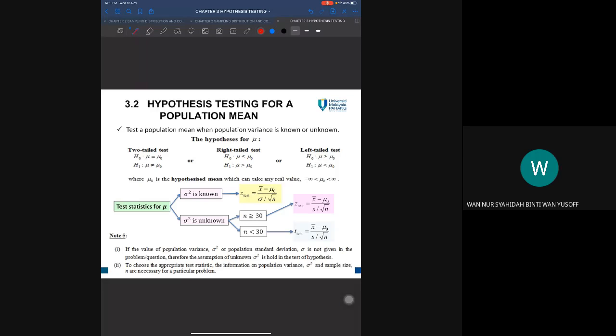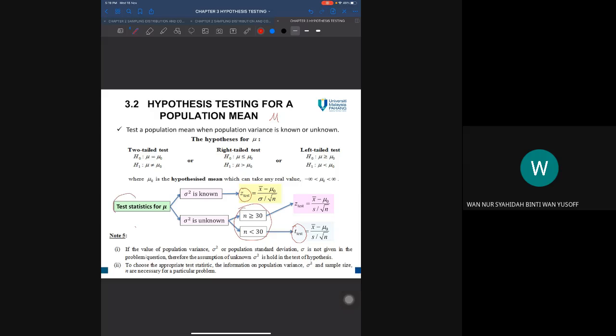It is based on the condition whether sigma is known or unknown, and if unknown, what is your n. But here we have the test statistic. For the case of mu, it will be either a z test or a t test. Before this, it was the confidence interval, but now we have the test statistic.